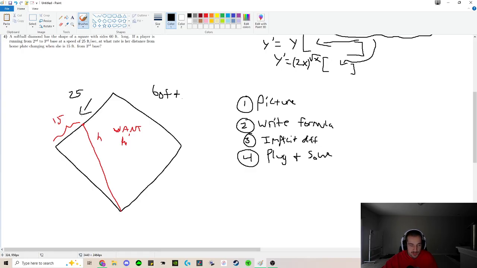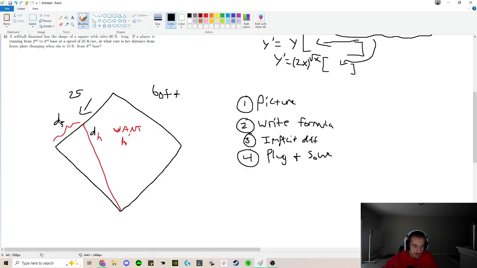So what we can say is distance to home and distance to third. So maybe I'll call this d sub h and this quantity here d sub 3. Maybe you shouldn't have drawn this 15. This was a poor choice. You can always change your pictures as you go.